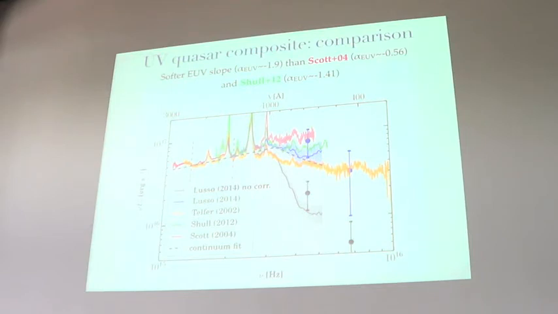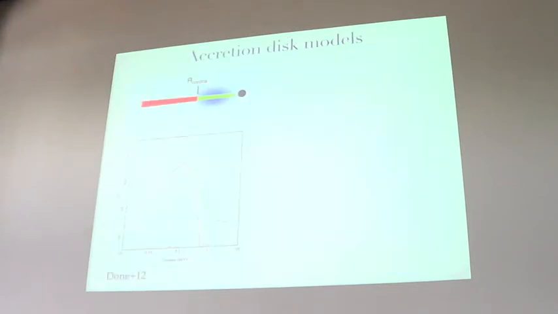In the last part of my talk, I have a couple of minutes, right? I'm going to forget about all the other composites. I'm going to use accretion disk models to actually model the composite I've shown you before. So I've been using the Done 2012 accretion disk models.